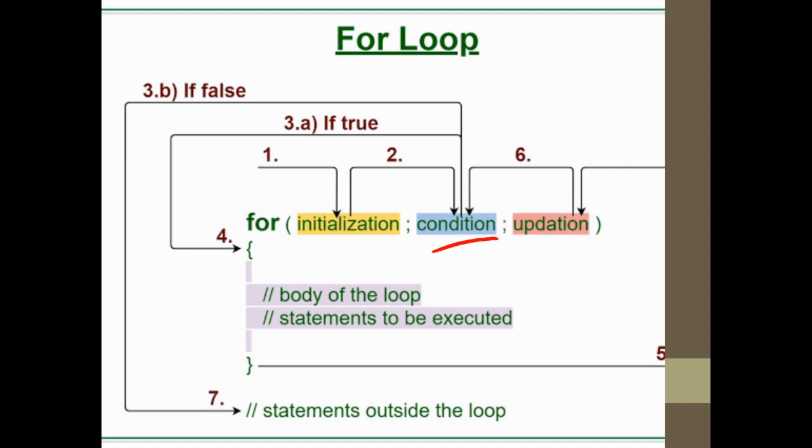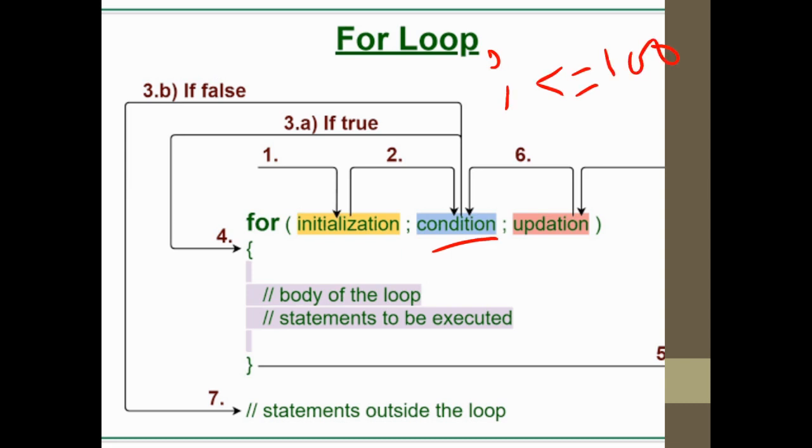If you want to print numbers from 10 to 100, then the condition should be that i, your variable, should be less than or equal to 100.